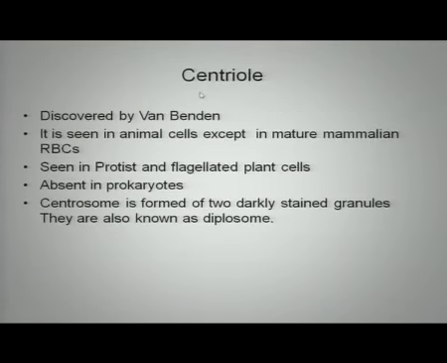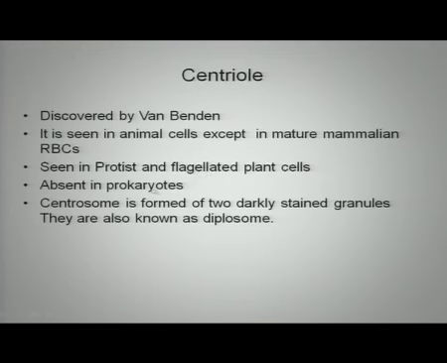Now, here comes the organelle centriole. It was discovered by Van Beneden. It is seen in all the animal cells except in the case of mature mammalian RBCs. It is absent in plant cells. It is seen in protists as well as flagellated plant cells.